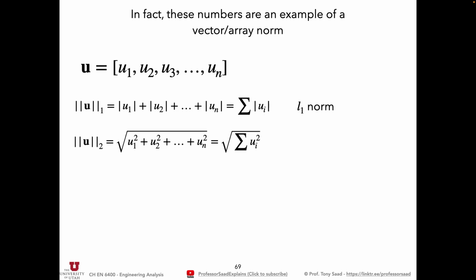The Pythagorean norm is called the L2 norm. It's designated by these two vertical bars with a subscript 2, and it's the square root of the sum of the squares of the entries. Now, the worst case value, like in the previous example, is called the infinity norm.